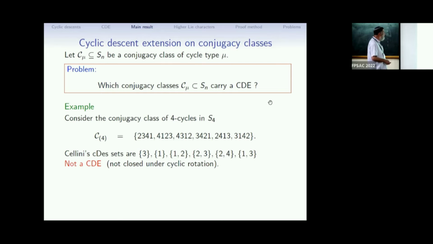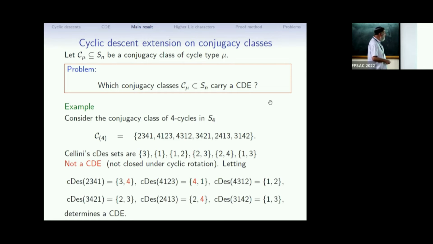On the other hand, ad hoc, if we add to all singletons the letter 4, then we will get a cyclic descent extension. But this is a somewhat misleading example. In this case, we just add to the singletons.